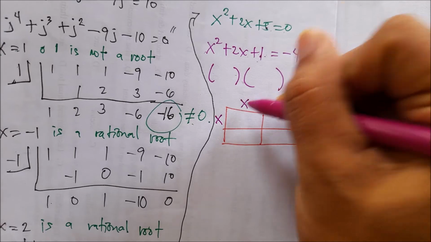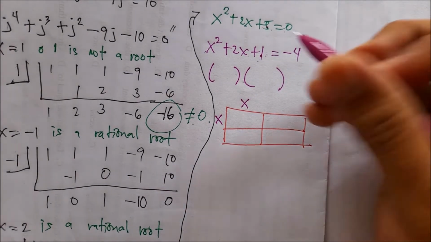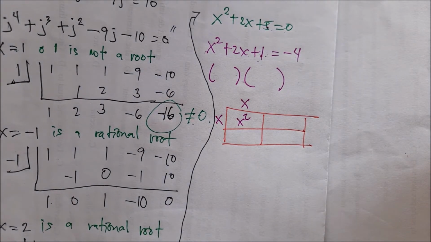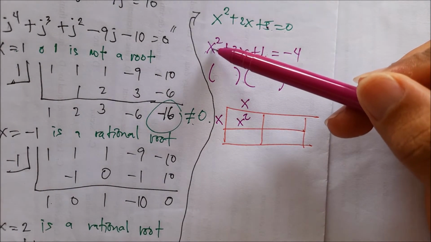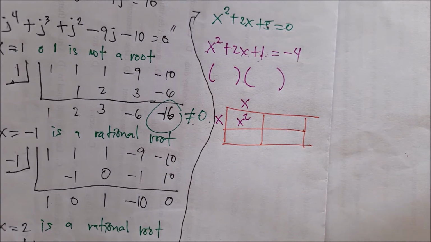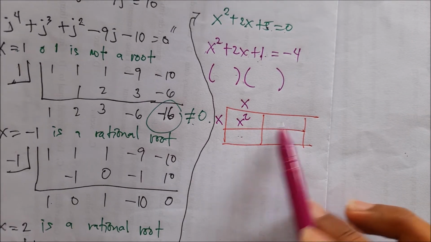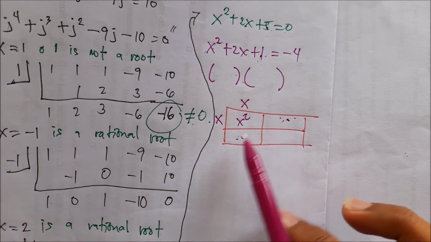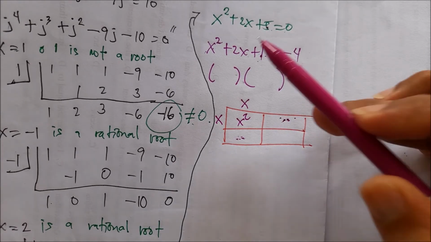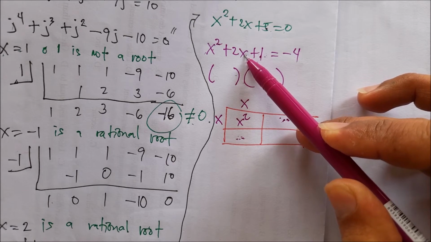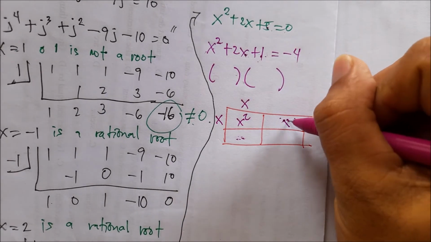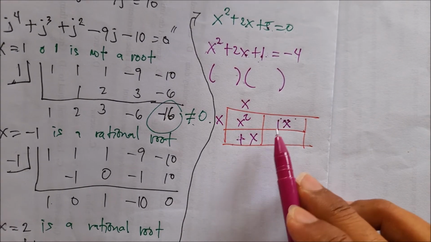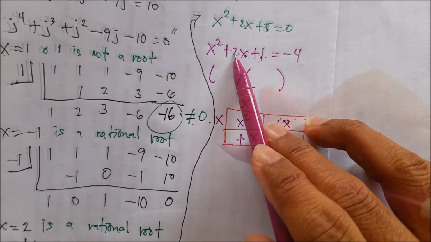Here, x and x. X times x is x squared. Since the equation is x raised to 2, what coefficient will you write here? You need to add. The result is the second term, 2x. Since 2x, we have x and x, then plus 1x plus 1x is equal to 2x.